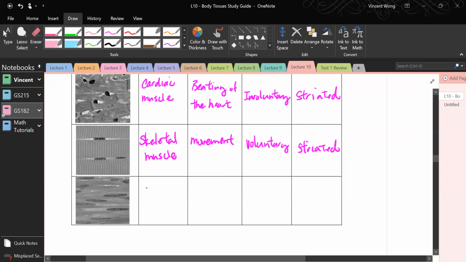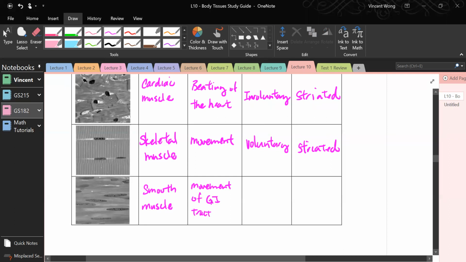Okay, next part we have the smooth muscle. You don't see the bands, right? They appear to have a smooth appearance. That's why we call them smooth muscle. They move all the things that are inside your body, for example, movement of the GI tract, like the food, right?